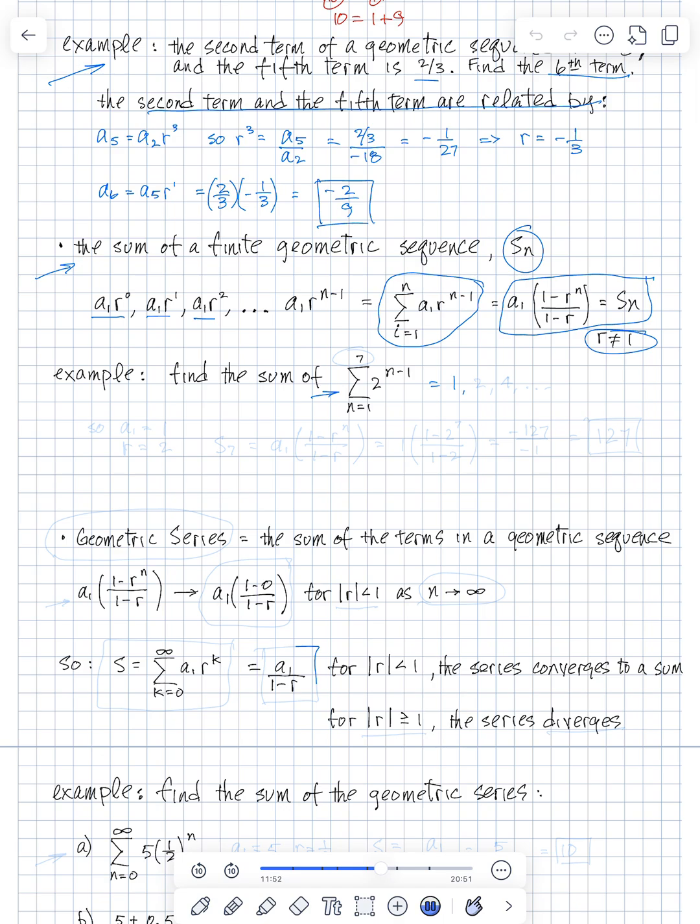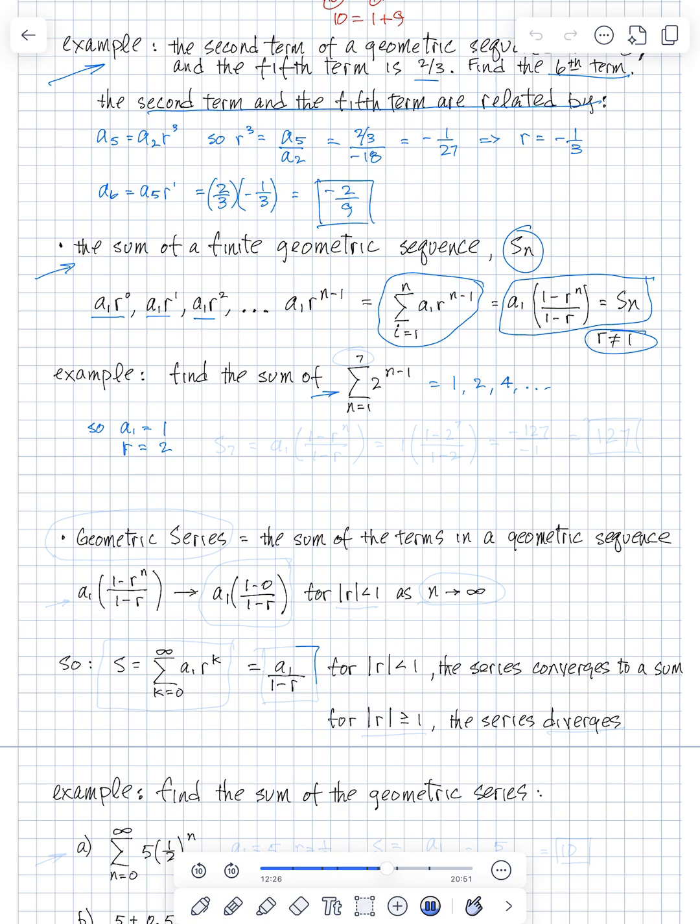And the second term, 2 to the 2 minus 1, is 2. The next term will be 4, and so on and so forth. And so A1 is equal to 1, and r is equal to 2 divided by 1, or 4 divided by 2. So r is equal to 2.